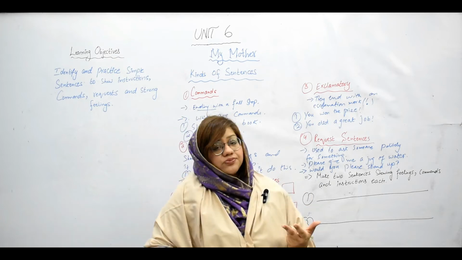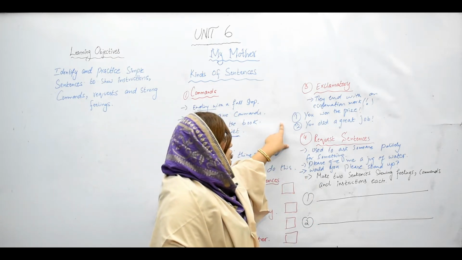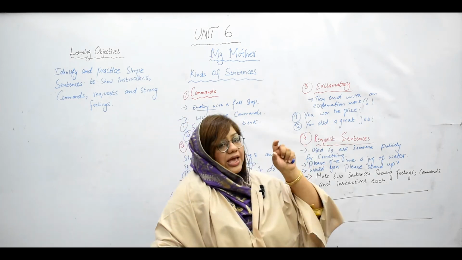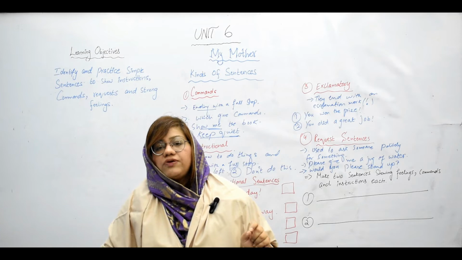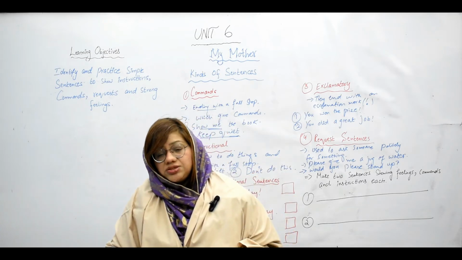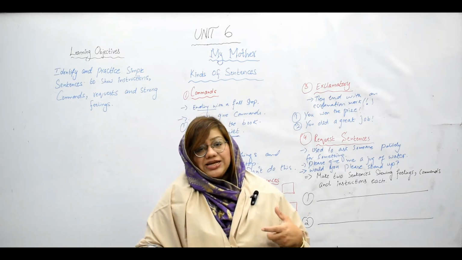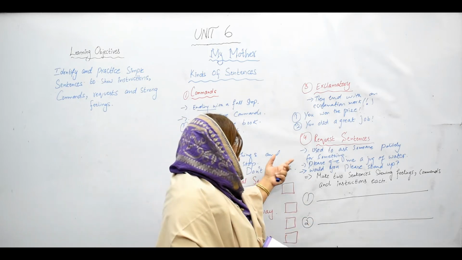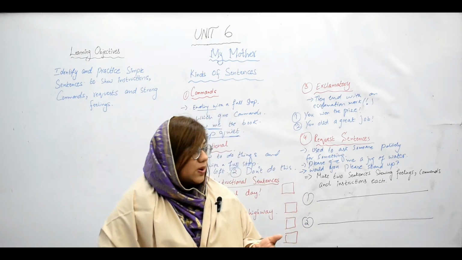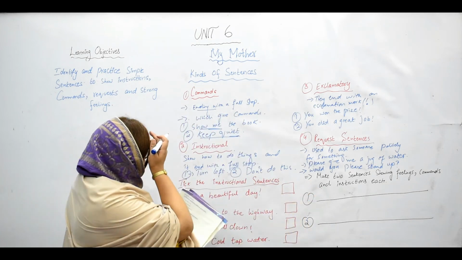Then sometimes we express our feelings and emotions. We use exclamatory sentences that always have an exclamation mark at the end. Sometimes we need to ask somebody politely in a requesting way. We use terms like please to request someone.